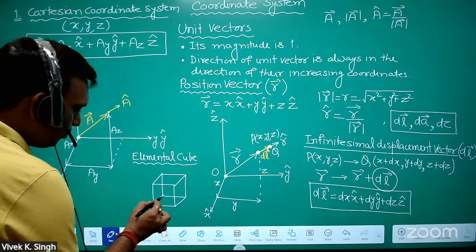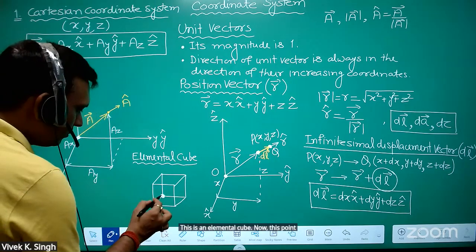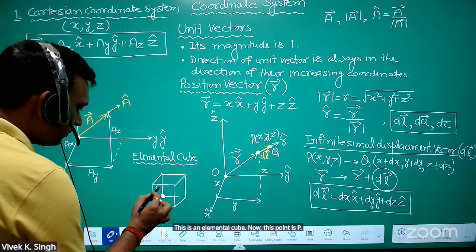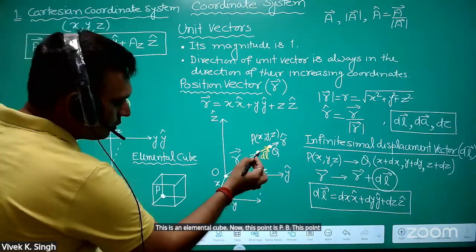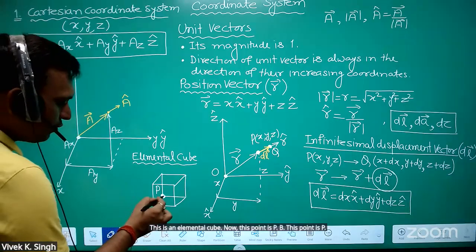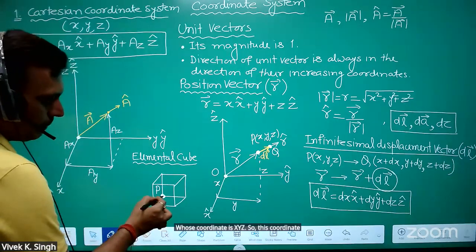This is an elemental cube. This point is P, whose coordinate is x, y, z.